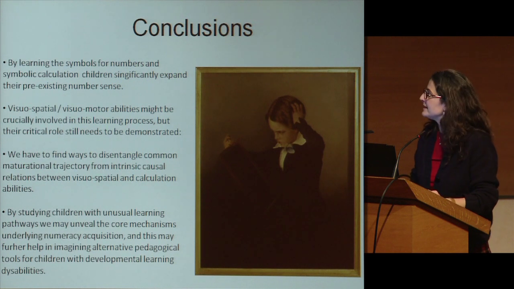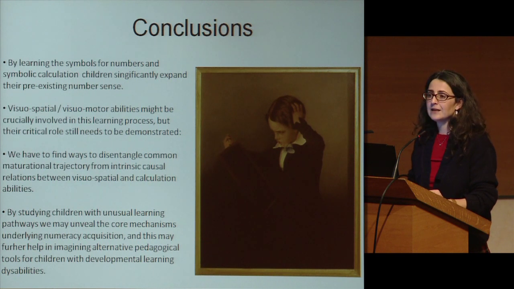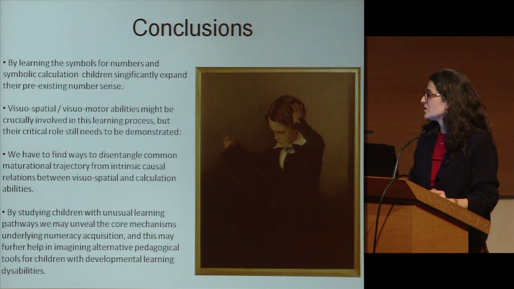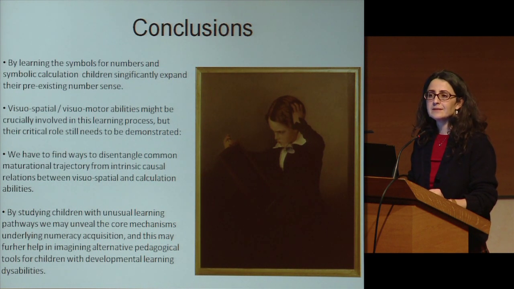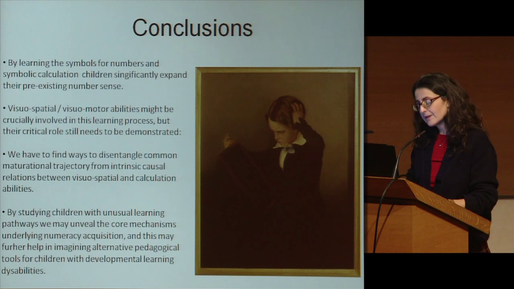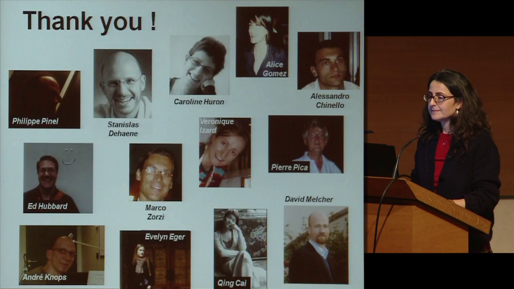And finally, I think it is interesting to study children with unusual learning pathways, because by studying those children, we may unveil the very core mechanism underlying numeracy acquisition. And this may further help, for example, in imagining alternative pedagogical tools for children with developmental learning disabilities. Thank you for your attention.